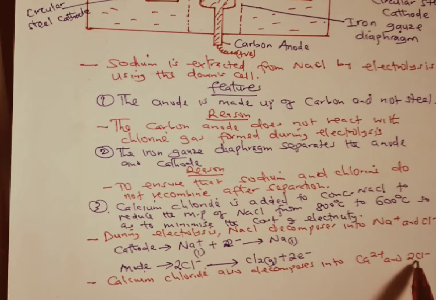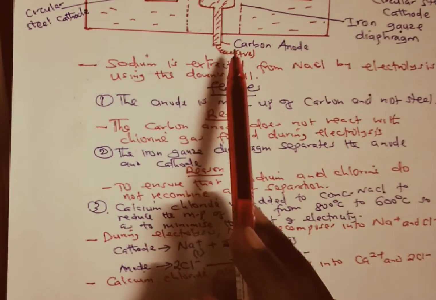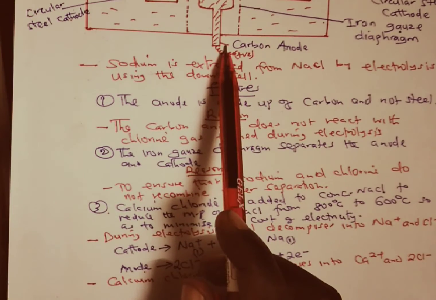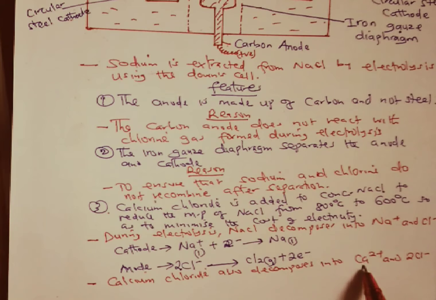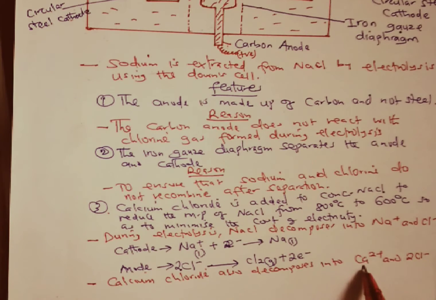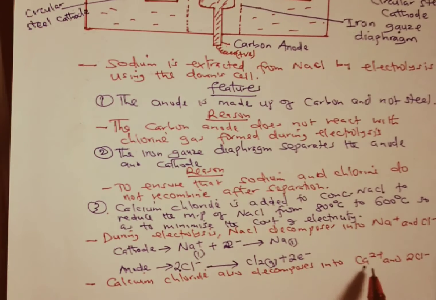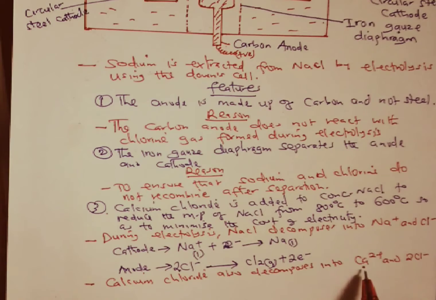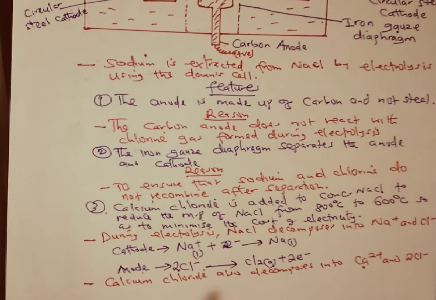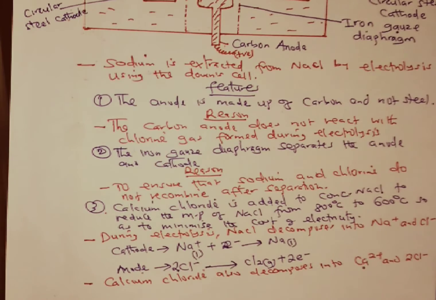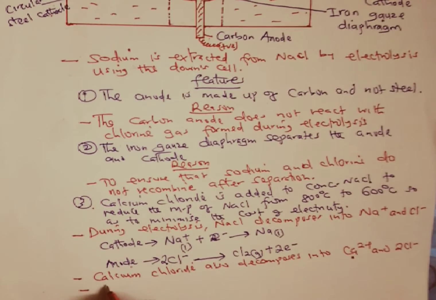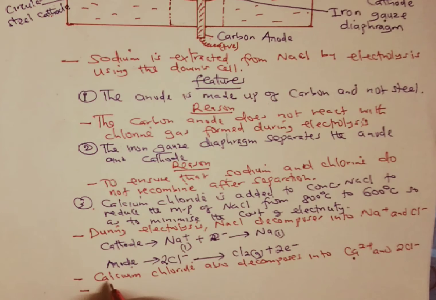Chloride ions will move to the anode where they will be discharged, but we have calcium here. Calcium also will migrate to the cathode, but sodium ions are preferentially discharged because they require less energy, or they easily gain electrons. Therefore, calcium can also be discharged at the cathode.